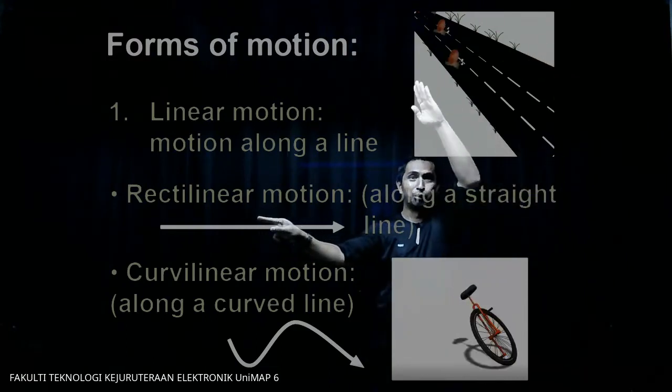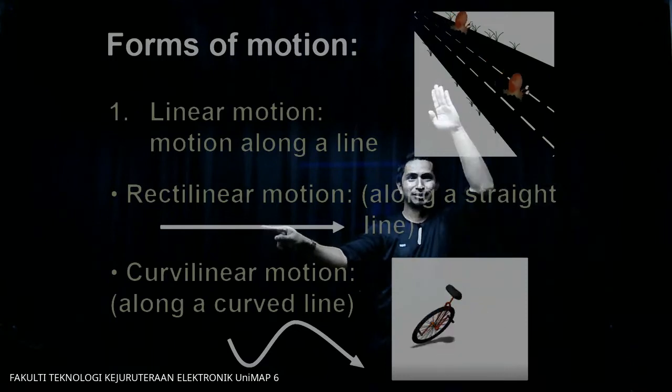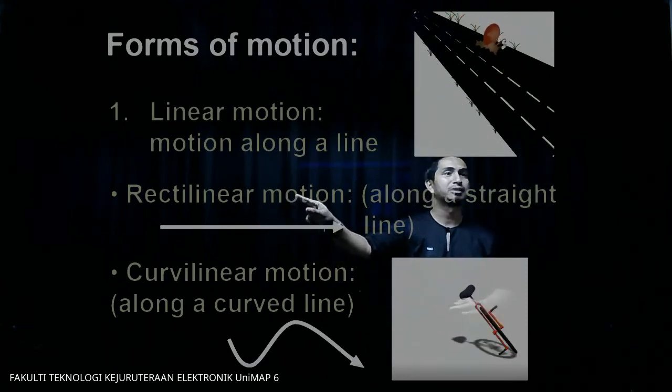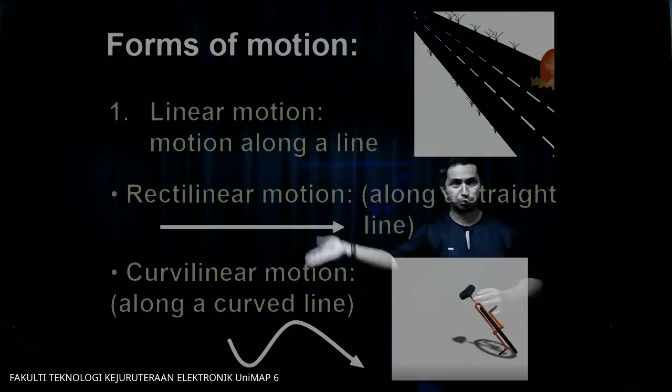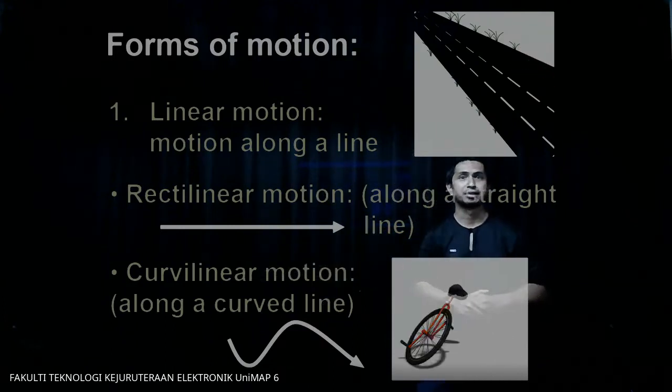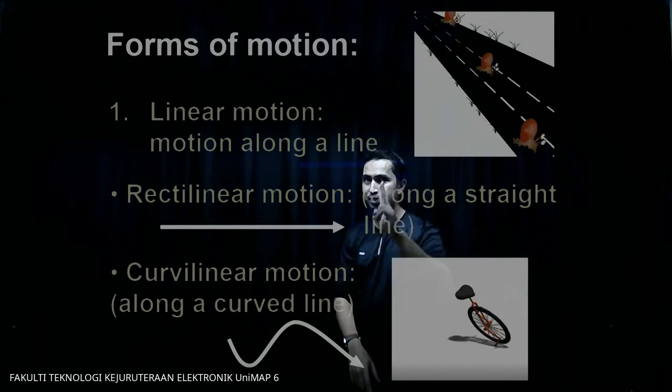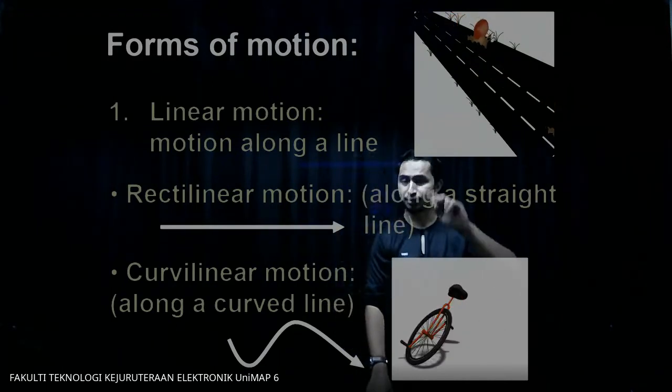The snail is going straight, so that is rectilinear motion. The second one is curvilinear motion, so it has a curved line. Remember in class, linear motion has 2 types.